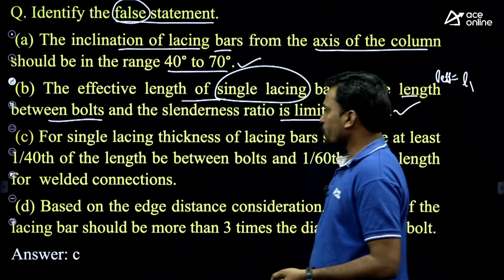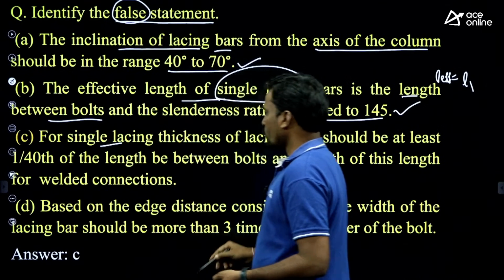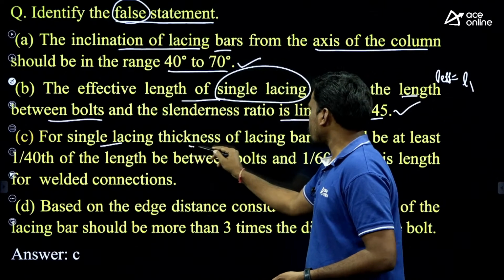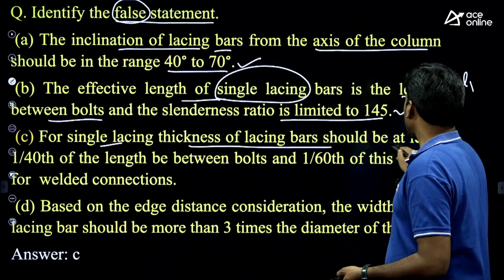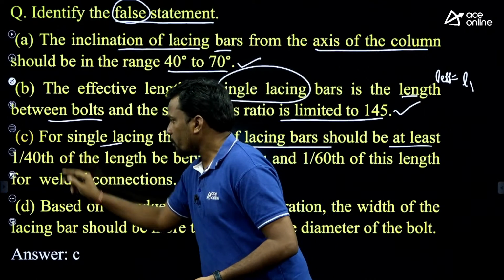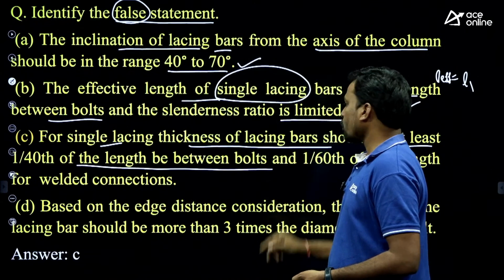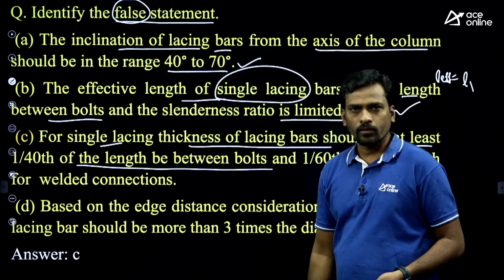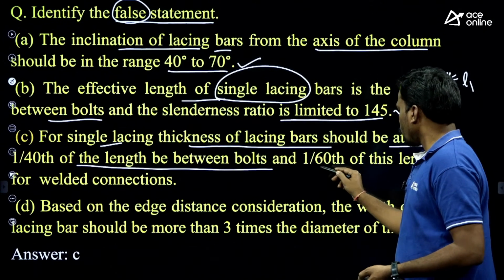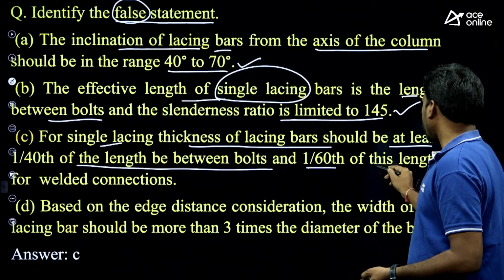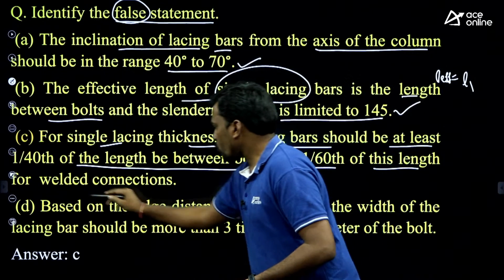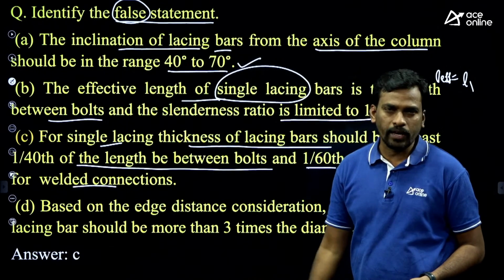Now statement 3. For single lacing, thickness of lacing bar should be at least 1/48 of length between the bolts. Yes. Okay. And 1/16 of this length for welded connection. No, this is not for welded connection.